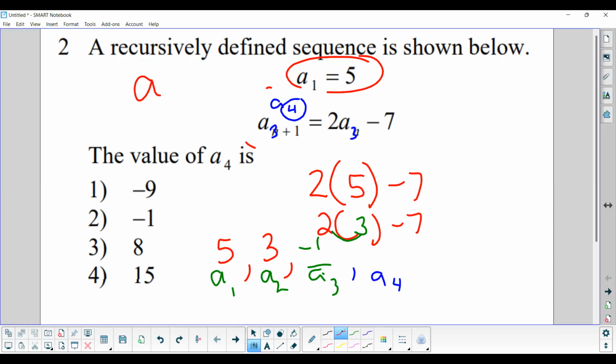So I'm going to multiply 2 times a sub 3, which for us is -1. 2 times -1 is -2, and -2 minus 7 is -9. That's how recursive formulas work. This is pretty sophisticated and challenging, but it requires you to use the number from the previous answer.